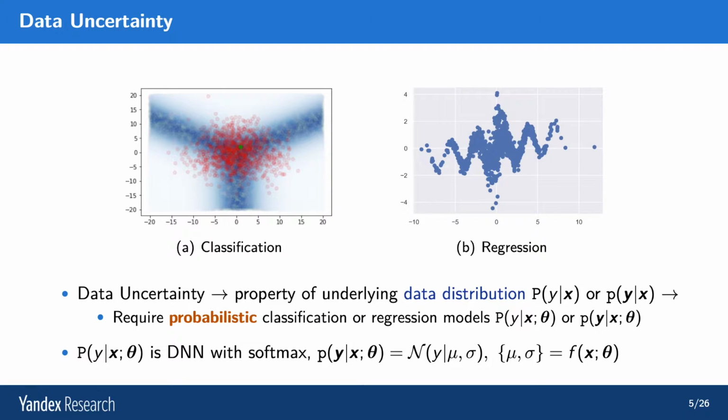In this particular application, we need to use probabilistic regression models. And typically you have some kind of model which parameterizes a distribution over the output variable. For example, you can predict the parameters of a normal distribution. So your model predicts the mean and the variance, and you define a normal output distribution over your target y.